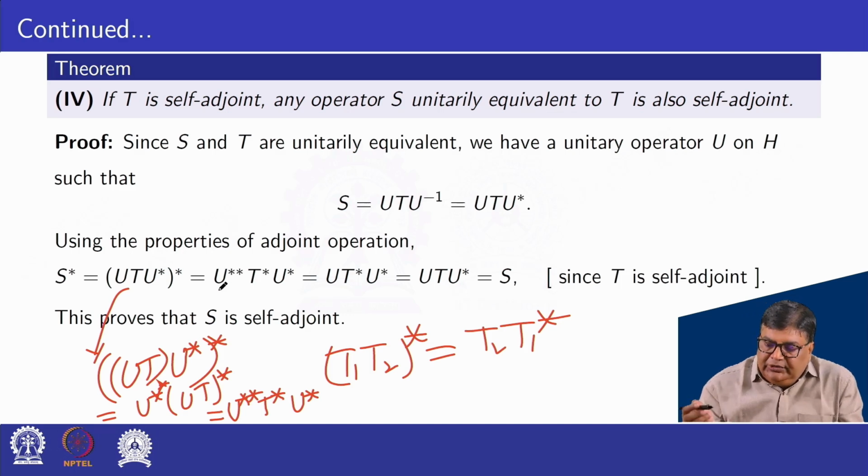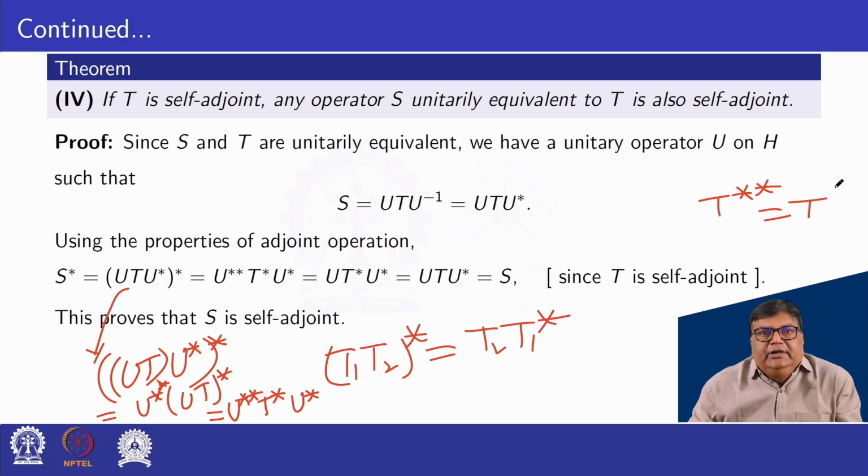And also we know that T double star is equal to T. So U double star can be written as U, T star, U star. Since U is a unitary operator, this equals U, T star, U star.